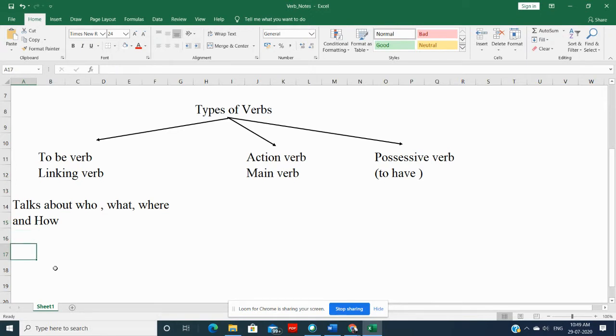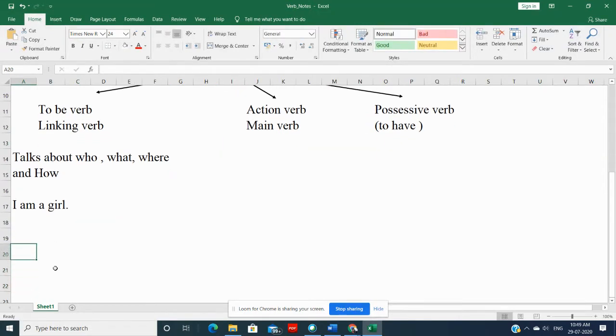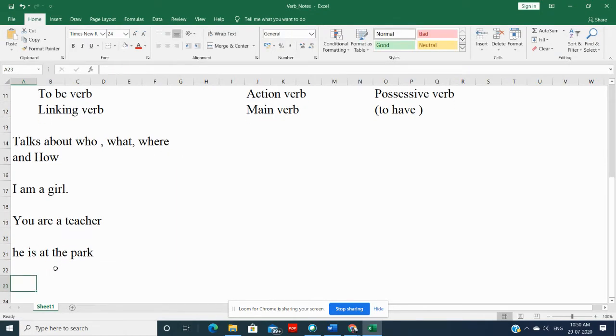Now let's see some examples so that you understand. If I say a simple sentence like I am a girl, or I am a teacher, or you are a teacher, then maybe he is at the park, and then they are happy or she is happy.